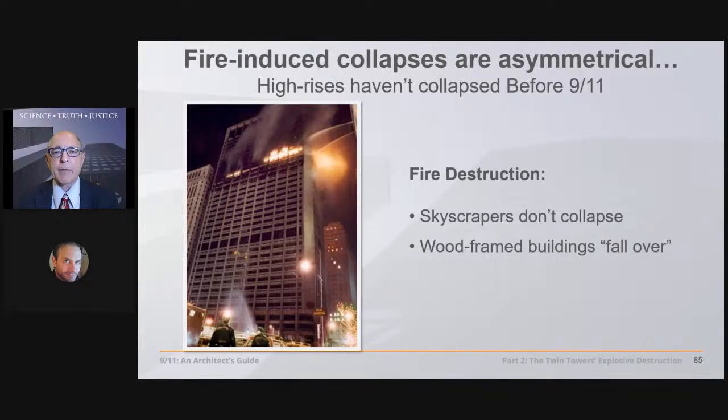They never have. What would happen in a wood frame building? Well, it would fall over to the path of least resistance, not straight down the path of the greatest resistance, the tons of structure supporting the building for the whole life of that building, but it would fall over in a chaotic process, obeying the laws of entropy.